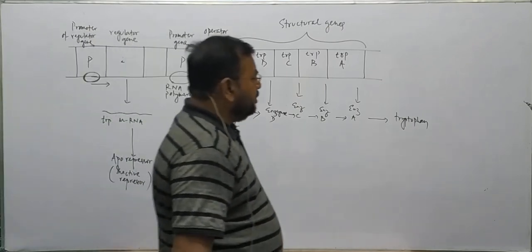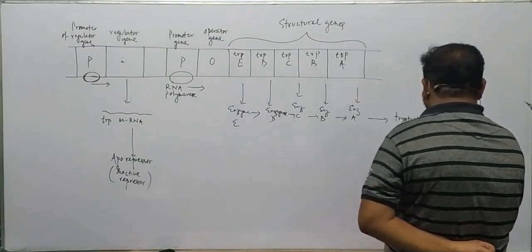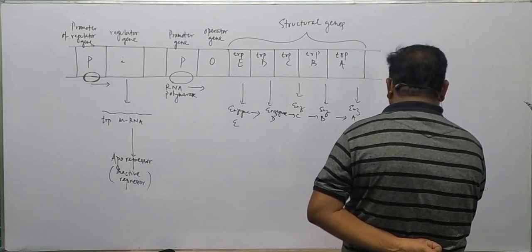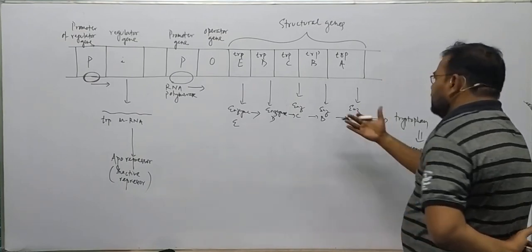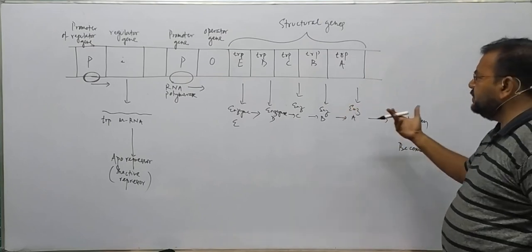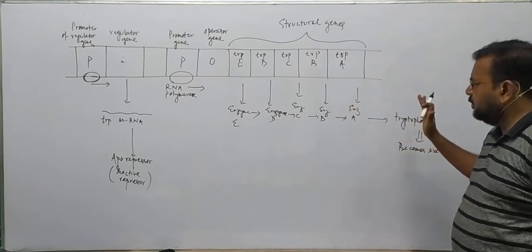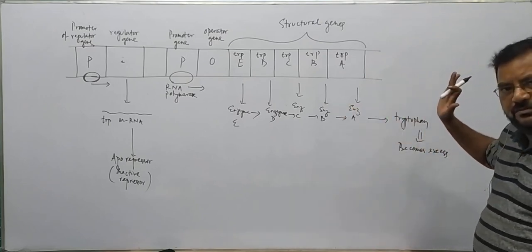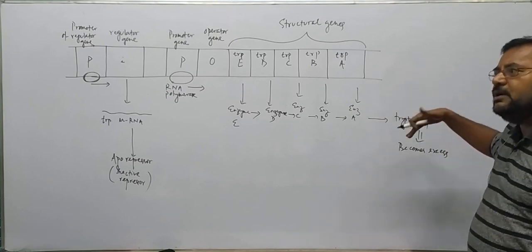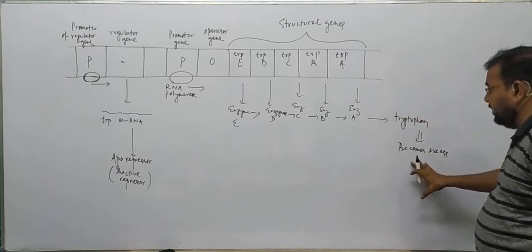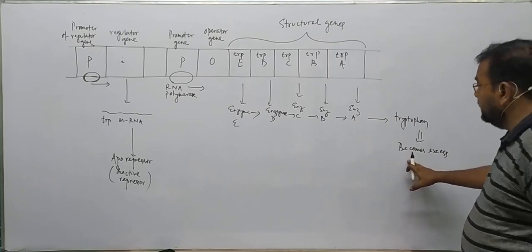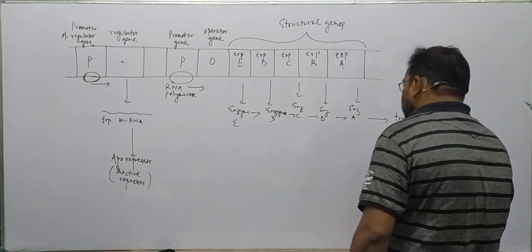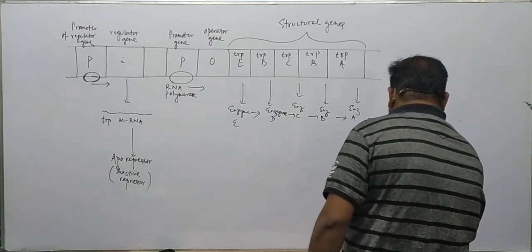So when this tryptophan becomes excess after utilization inside the cell, tryptophan is being continuously produced in the bacterial cell and tryptophan is utilized inside the bacterial cell. After utilization, if it remains in excess, then this tryptophan acts as co-repressor.